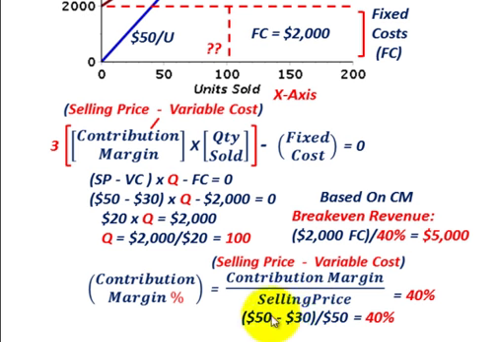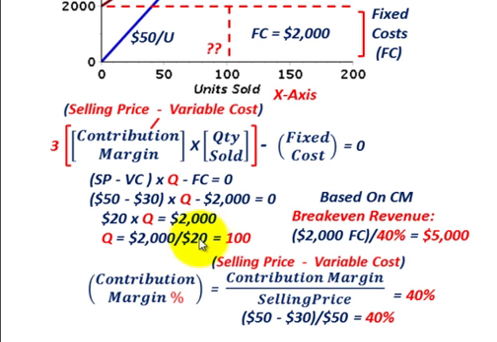That net amount, 20, divided by the $50 selling price, we're going to get a contribution margin percentage of 40%. So now we can go and calculate our break-even revenue based on that contribution margin. So again, we just have the fixed cost of $2,000, and then we would divide it by that contribution margin percentage of 40%.